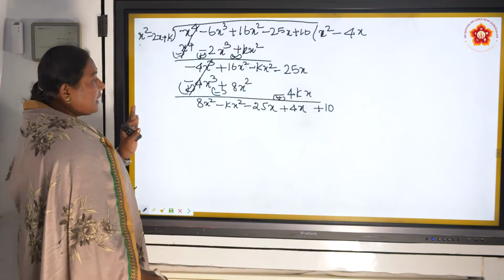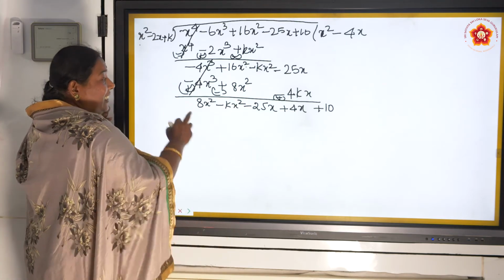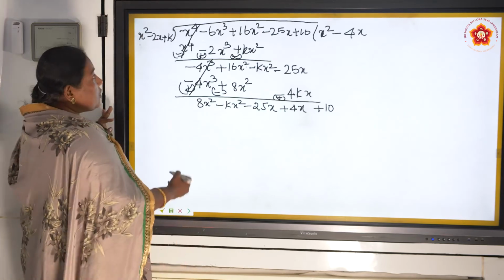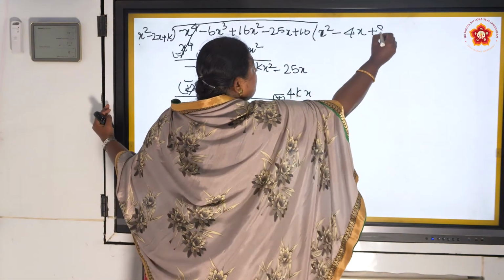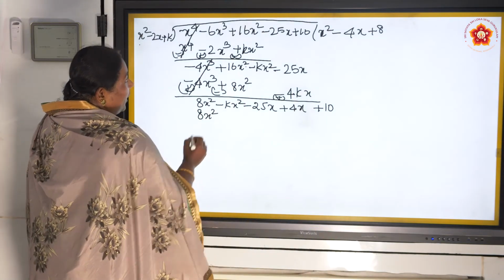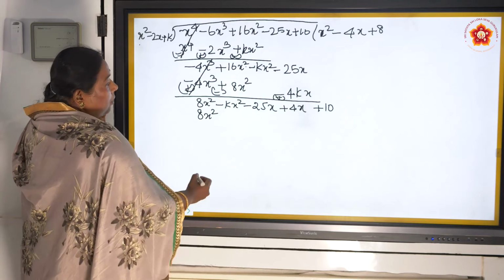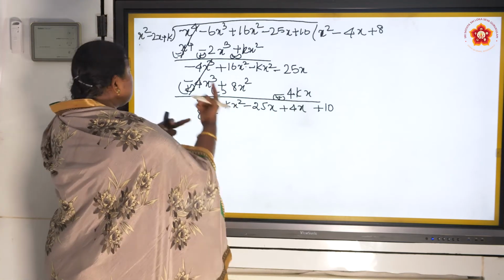Let us do it clearly. Here x square, here also x square. So first let us finish the first term. So what do I have to multiply here? Plus 8, right? 8 into x square, 8x square. Next 8 into minus 2x, minus 16x. But here kx square, x.